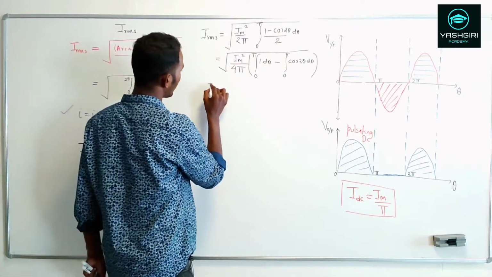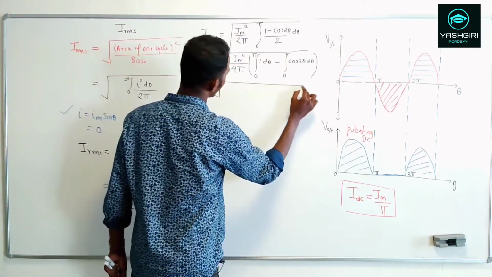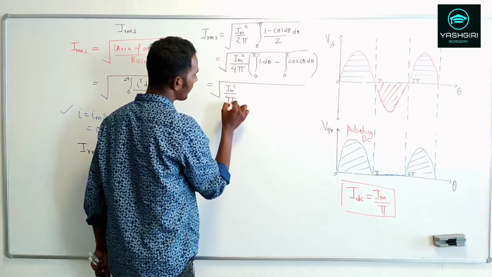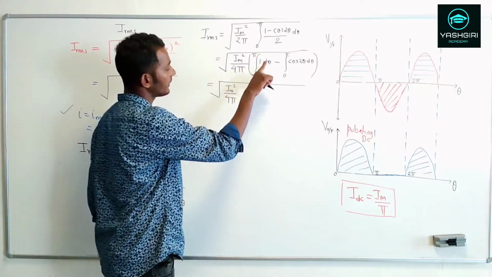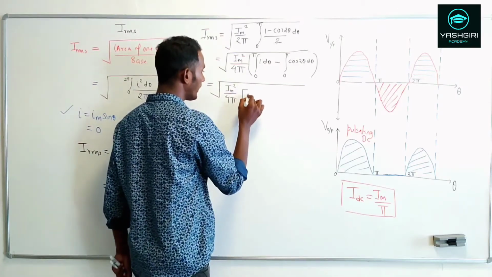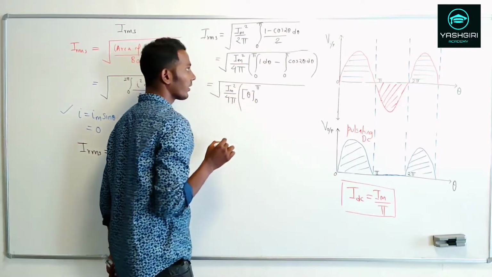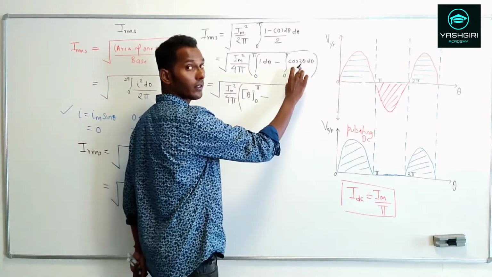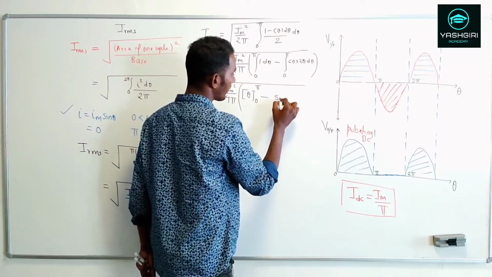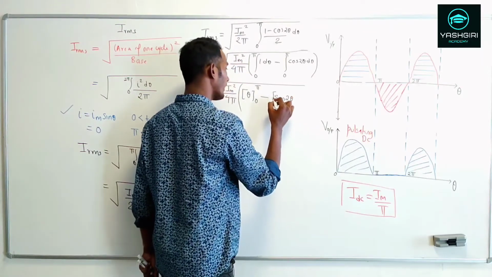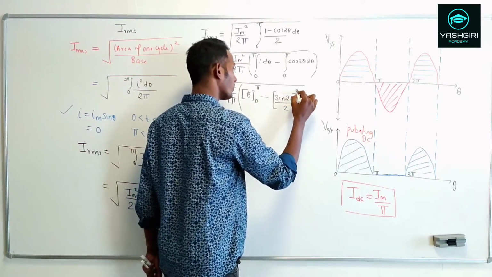So again I can rewrite this as Im square divided by 4 pi times: the integration of 1 d theta is theta, going from 0 to pi, minus the integration of cos 2 theta, which is sin 2 theta divided by 2, again from 0 to pi.